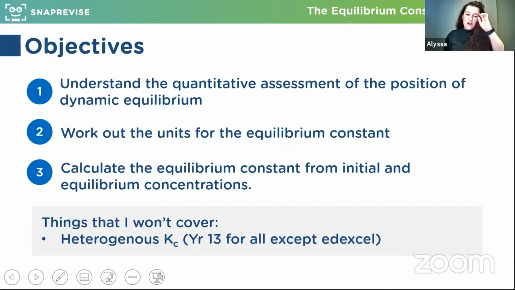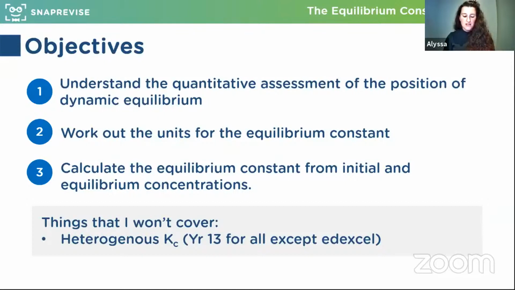Okay, so our objectives for this session for the next 50 minutes or so are to understand the quantitative assessment of the position of dynamic equilibrium. It sounds really wordy, but it basically means how do we define with numbers where the position of equilibrium is in a dynamic equilibrium.